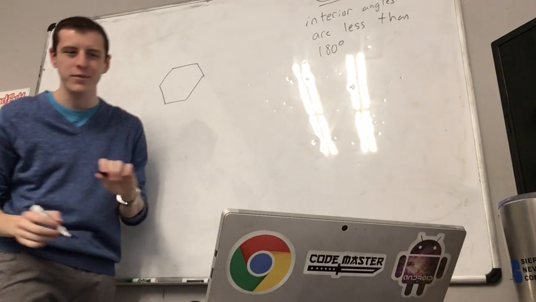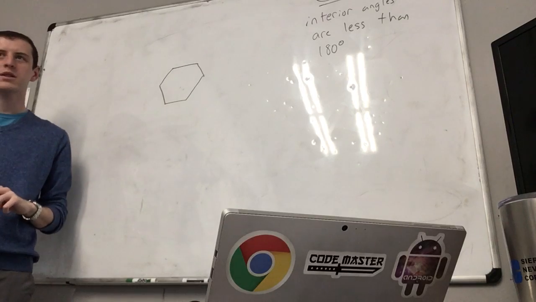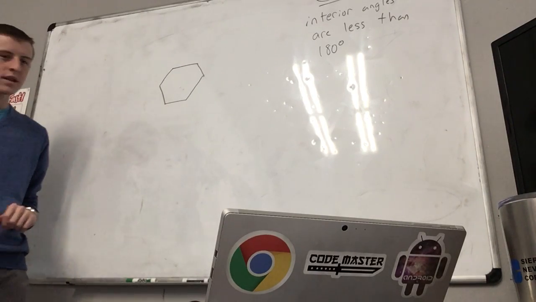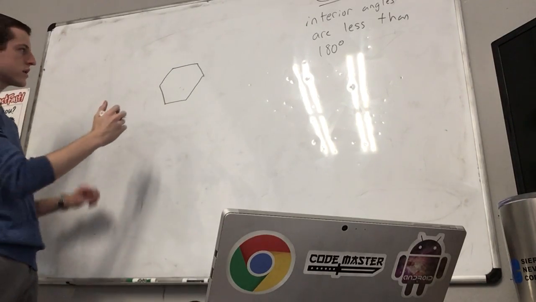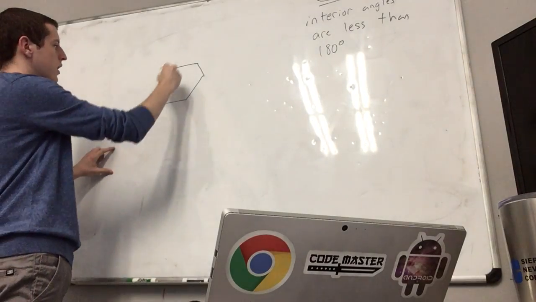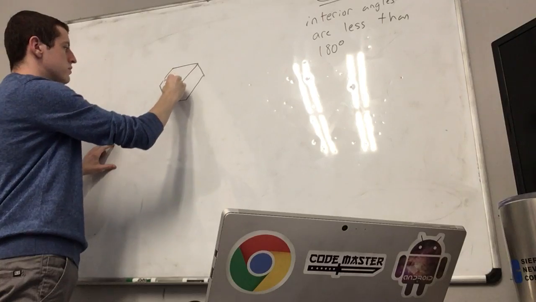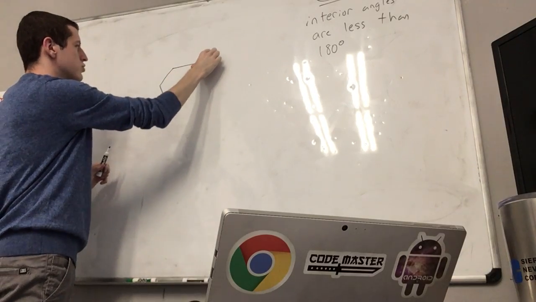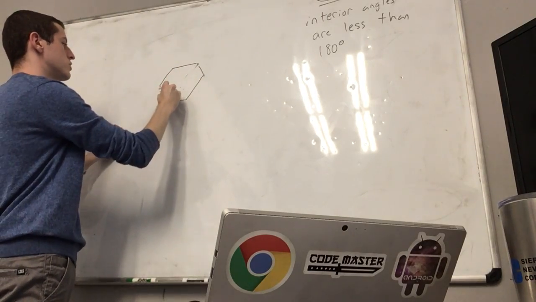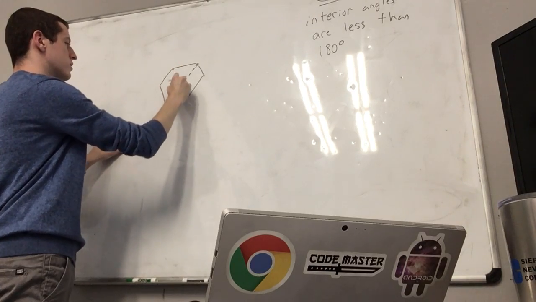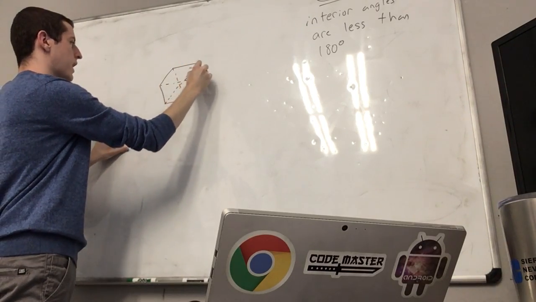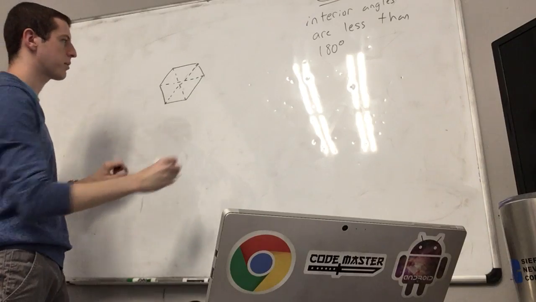So the next thing we can talk about too is the diagonals. With diagonals, we can go from any point to any other point. Here's some diagonals, if my hexagon was a little bit better.